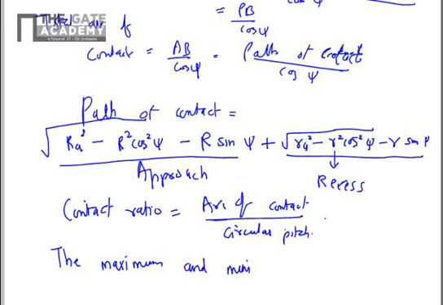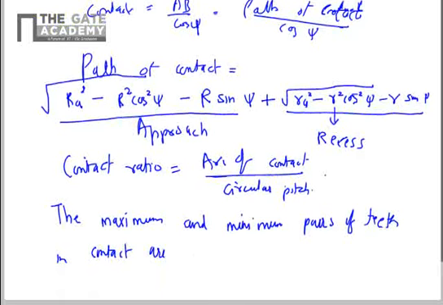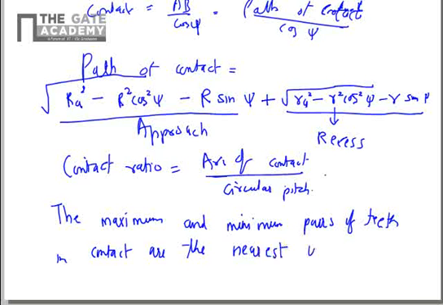So we will make a whole number closest to that, and according to that, we will get the maximum and minimum pairs of teeth in contact, which are the nearest whole numbers above and below the contact ratio.